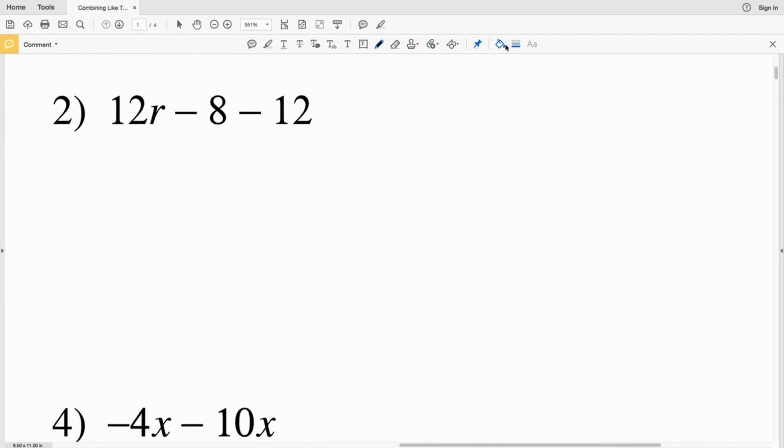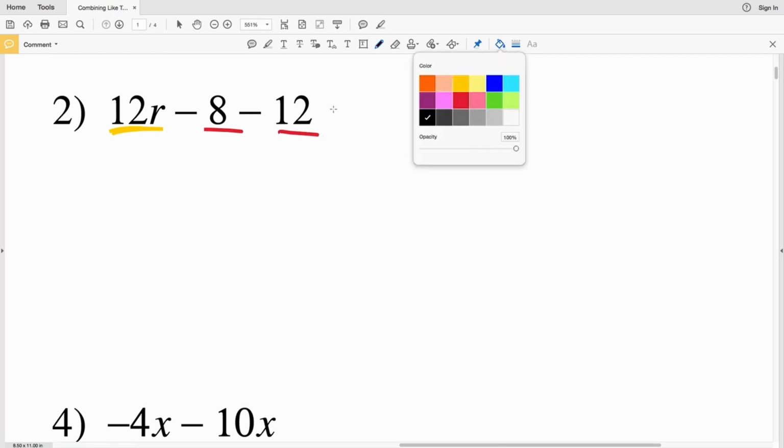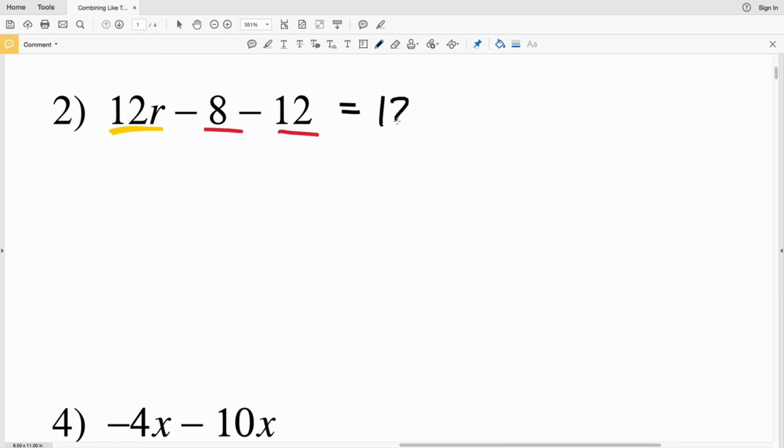Number 2 has 12r minus 8 minus 12. There's only one term with an r in it, so we're going to leave this term as it is, but we can combine the 8 and the 12. So let's rewrite this as 12r plus a negative 8, since subtracting a positive is the same as adding a negative, plus a negative 12.